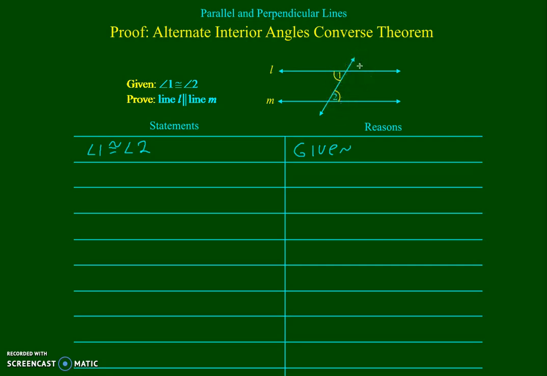And I know from the corresponding angles converse postulate that if two lines are cut by a transversal so that the corresponding angles are congruent, then the lines are parallel. So I can use the fact that I can show two corresponding angles are congruent to show that these lines are parallel. That's the general plan for my proof.